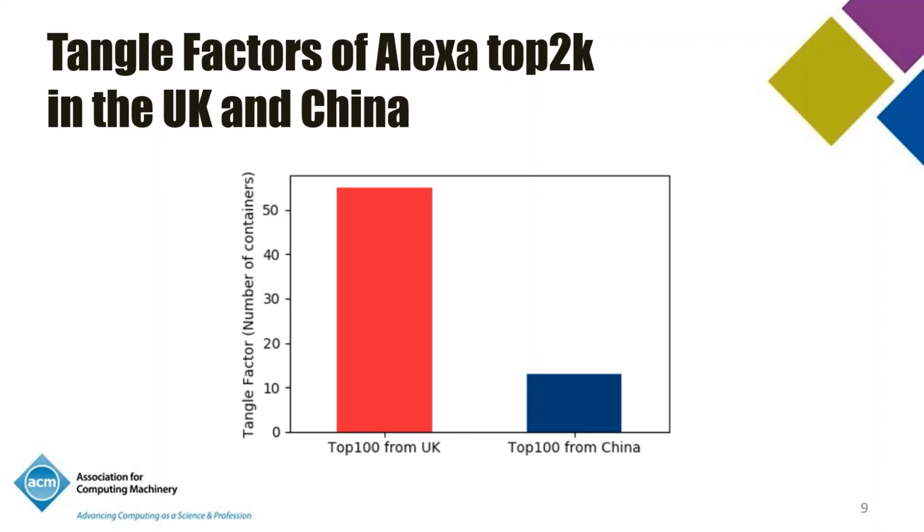What is his tangle factor? Obviously, it is the minimum number of required containers to separate his browsing activities, if no first-party websites should know each other. The number of containers they need is nearly 60 different containers.